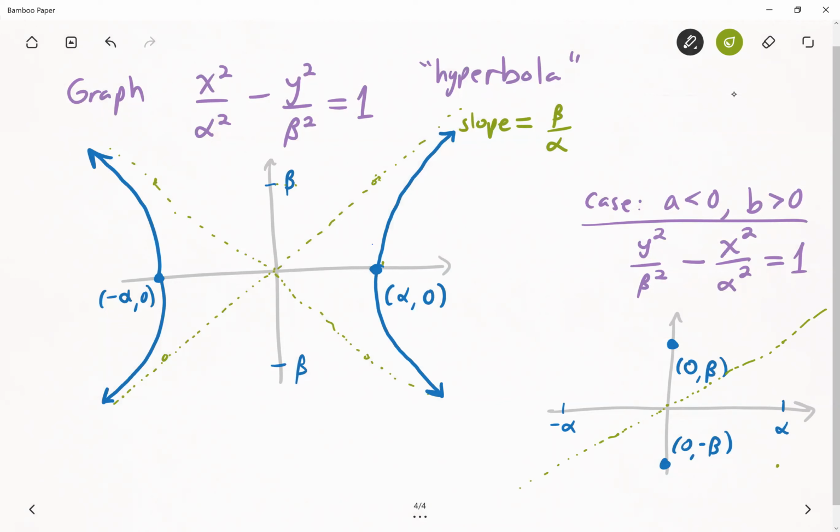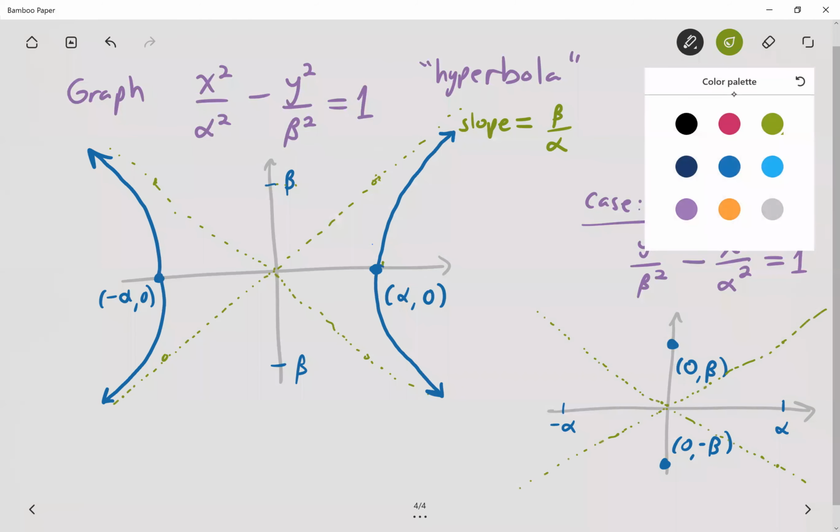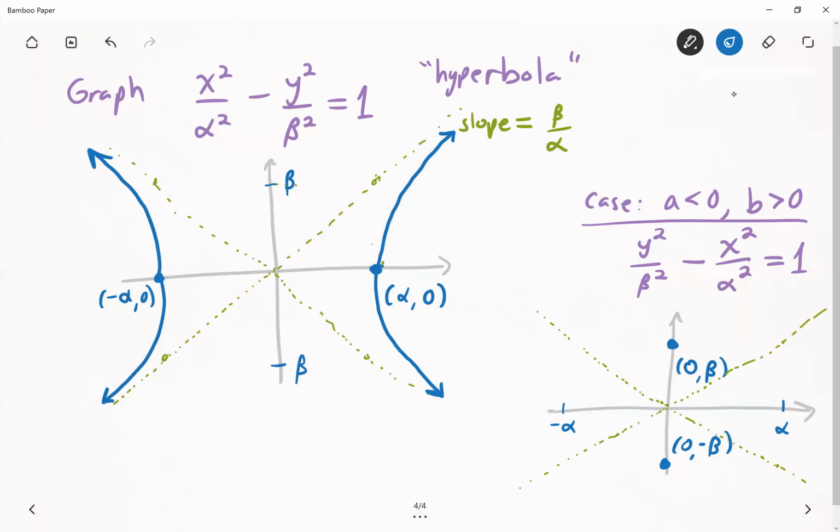All right, and over in this direction, up in this direction. And so as we go out to infinity in the x direction, you know that the curve is sloping out like so. Honestly, that's not a great hyperbola, but this is really just a review.